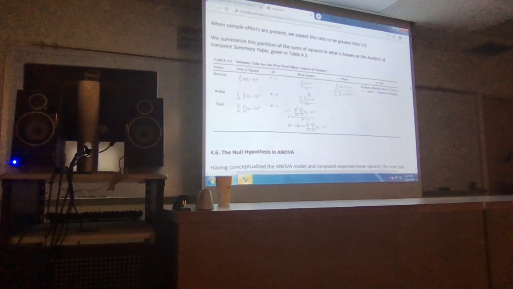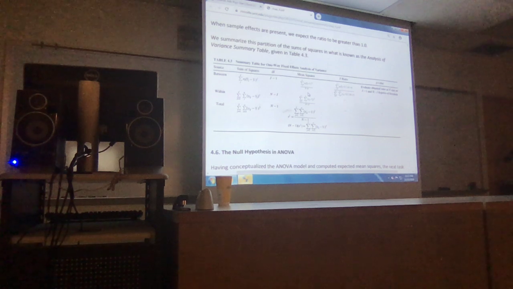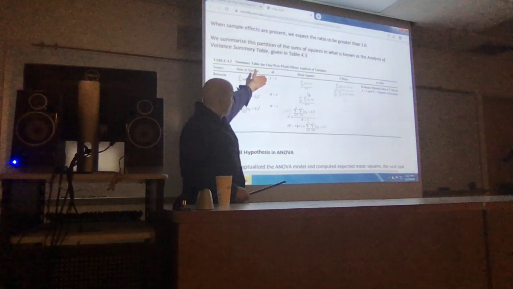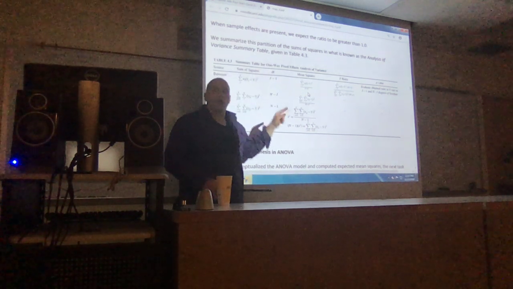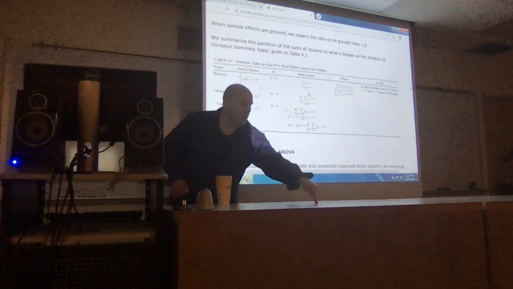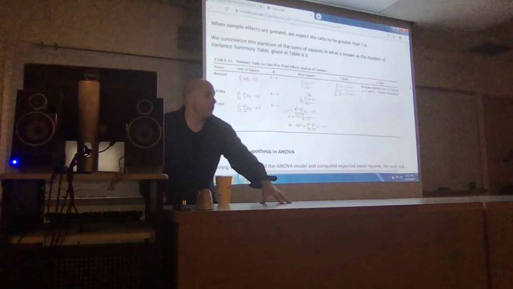That specifies the distribution of F under the null hypothesis. So you place your F statistic in that distribution, and from there it's determining the probability of getting a statistic like that.